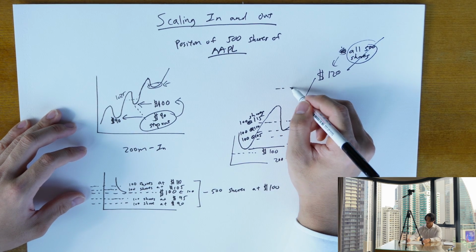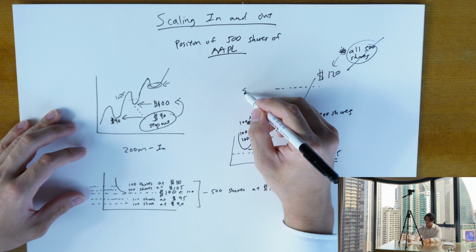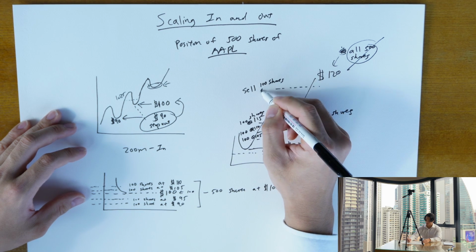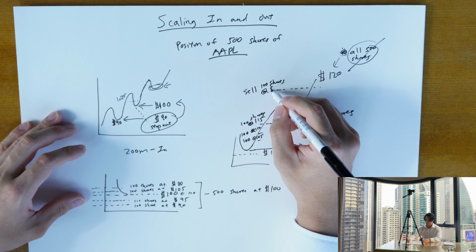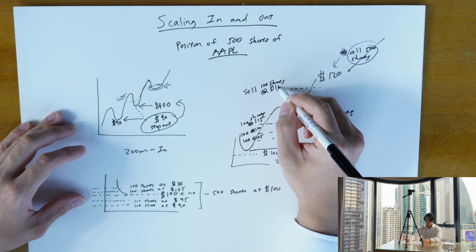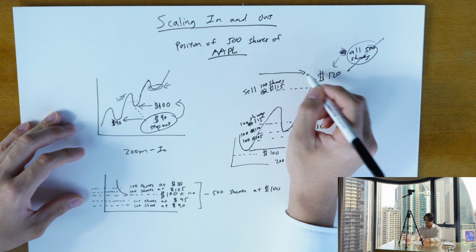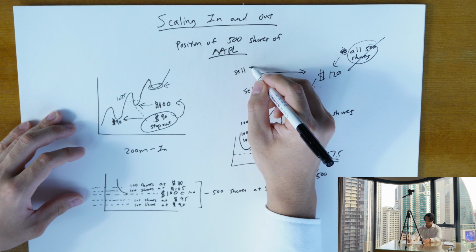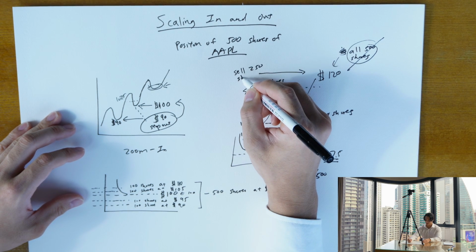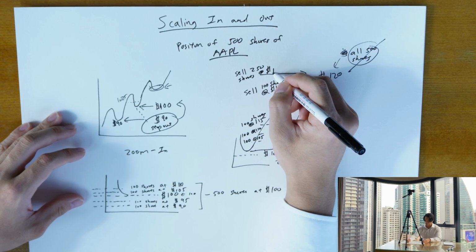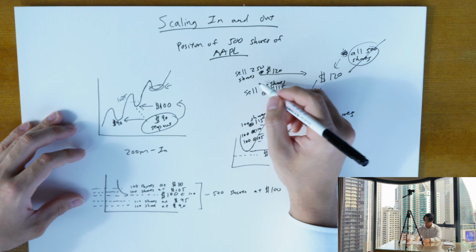What you can do is slowly start taking profits, sell 100 shares at 115, right? Maybe you sell 250 shares at 120, right?